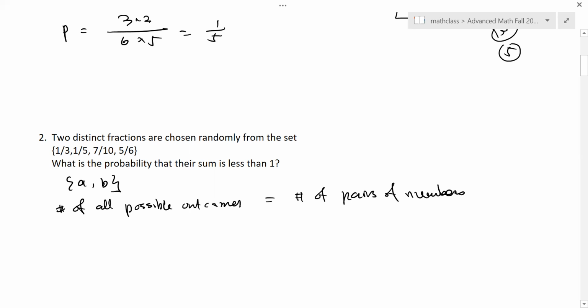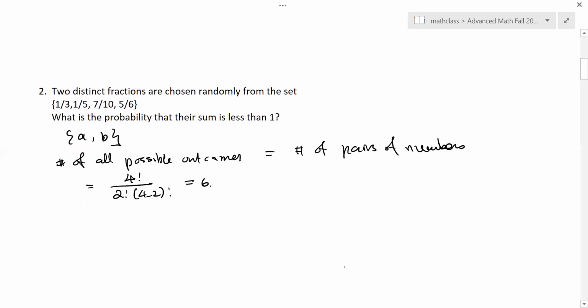If you select a pair of numbers from a group of 4 numbers, the number of choices is 4 factorial over 2 factorial times (4 minus 2) factorial. After simplifying, that'll be 6. But you can also do that one by one. I will use a formula here, but without the formula, you can also get the same number.